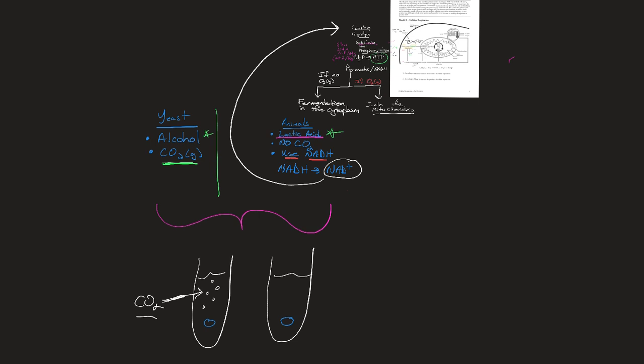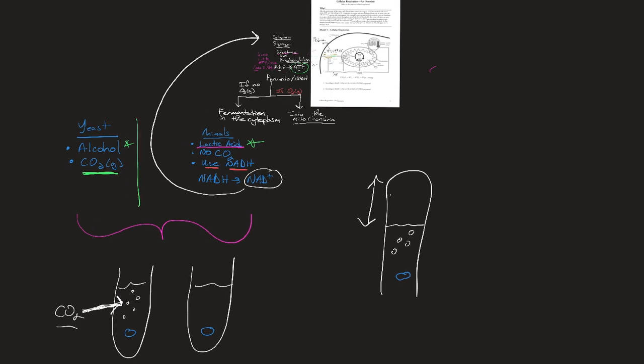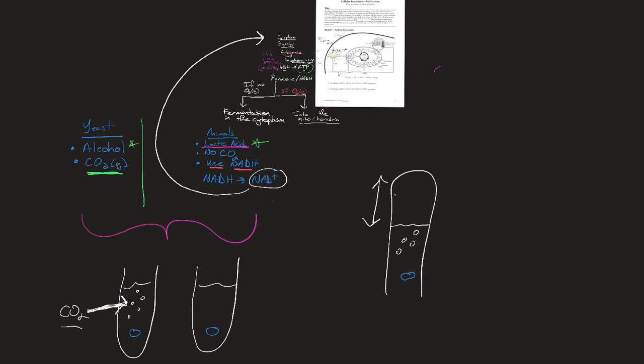Now those are the kinds of questions they're going to ask. Like, what is in the gas? When a scientist measures, they'll put this in an inverted test tube, they'll fill it with water, and there'll be gas. And as the cells continue to do their bubbling, this gas will push in and expand, and it will push the water down because of the pressure from the gas being produced.